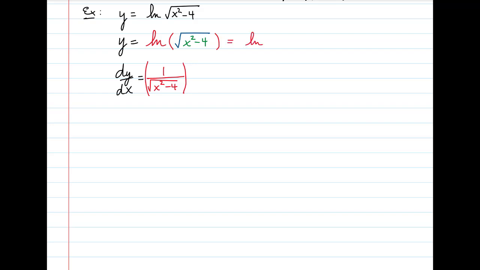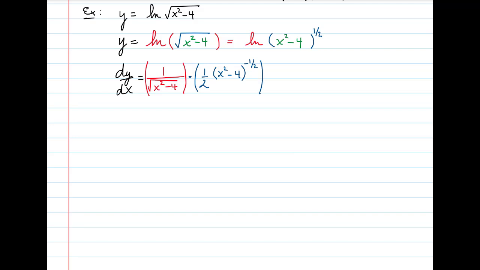You can write this function as ln of x squared minus 4, raised to the 1/2 instead of the square root. The only reason we rewrote it like that is so that we can use the power rule in this next one. So this would be times, using the power rule, 1/2 times x squared minus 4, and remember, we subtract 1 from the 1/2, so that gives us negative 1/2.